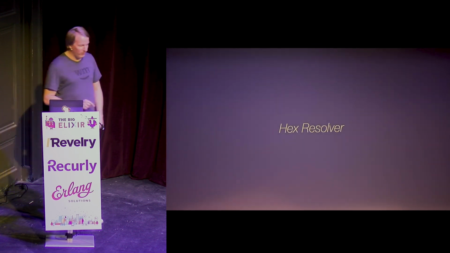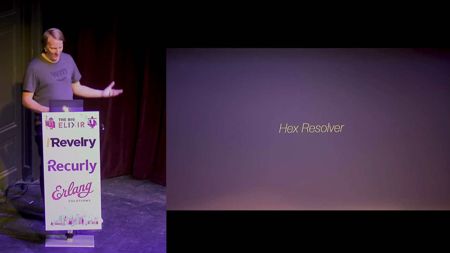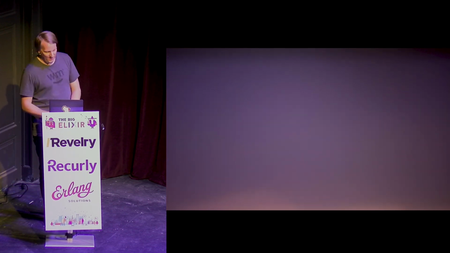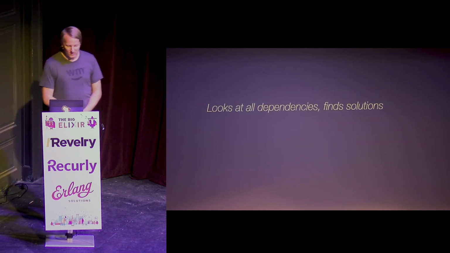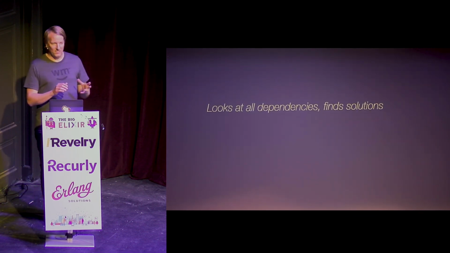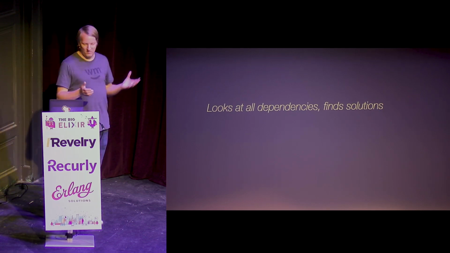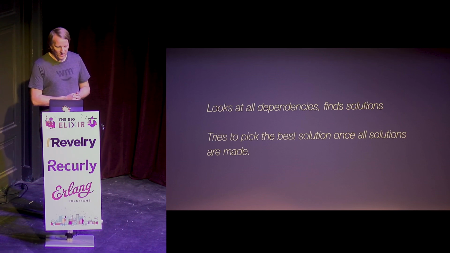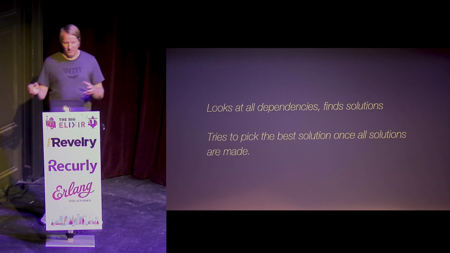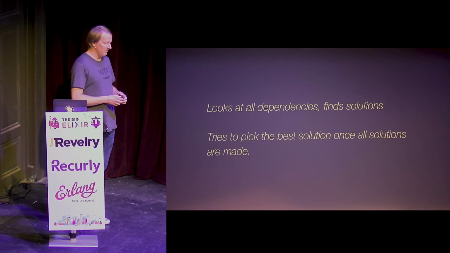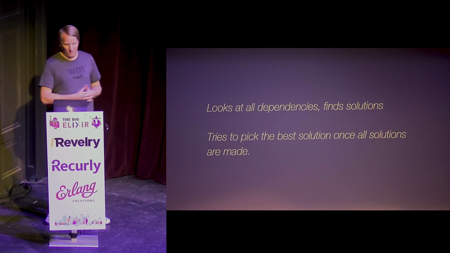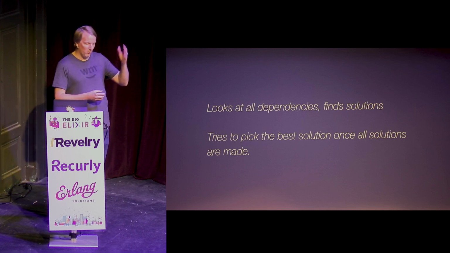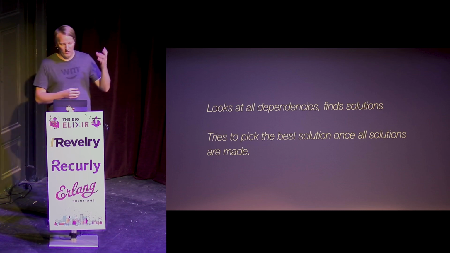All right, so when you run mix deps.get, what does it actually do? So this hits the Hex resolver, and the Hex resolver is going to look at all of your dependencies and then find solutions, ways to resolve those. And it tries to pick the best solution once all the solutions are made. So if you have a dependency list of 10 dependencies, it's going to look for solutions for each individual one, and then it's going to go through and find the best solution for all of them together.